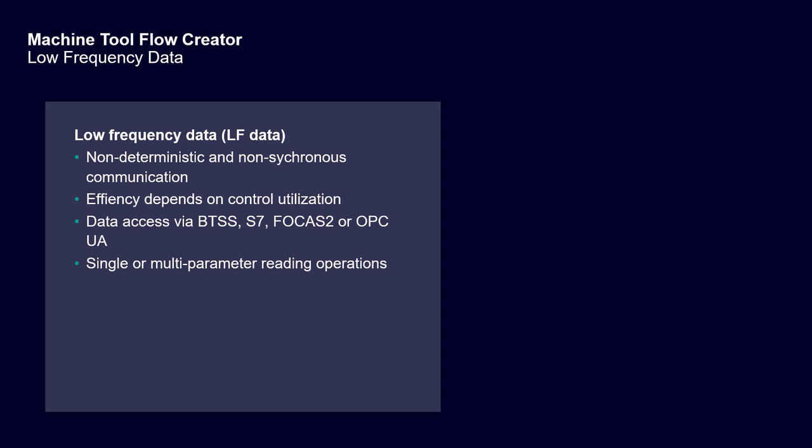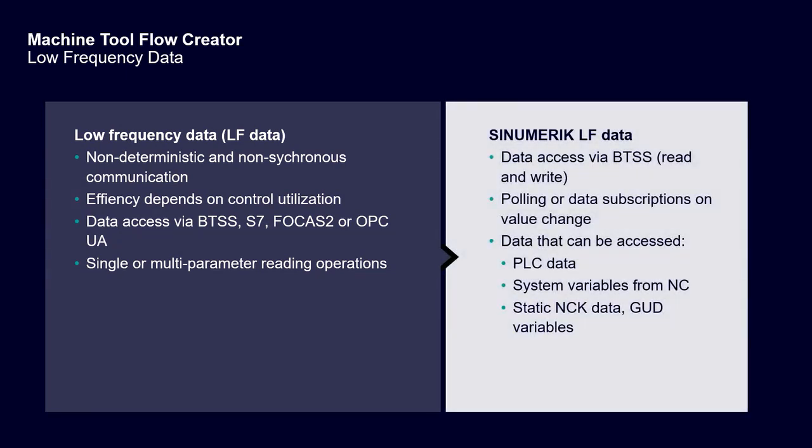Low frequency data can either be accessed by single or multi-parameter reading operations. The term SINUMERIK low frequency data means the data access via BTSS, so reading or writing operations. The operations can either be polling or data subscriptions.